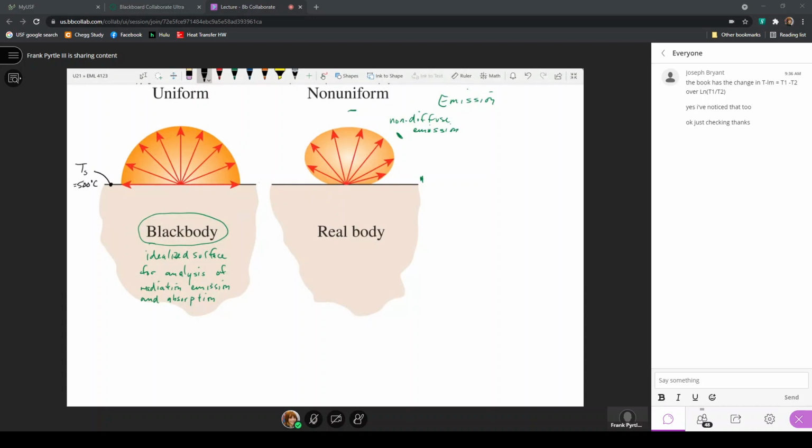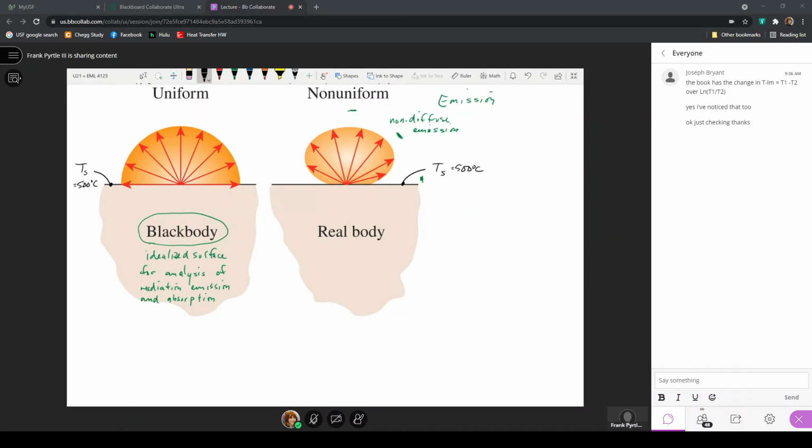If the surface of this real body is at the same temperature of 500 degrees C, the black body surface will emit more radiation than the real surface does. And that goes for any temperature. The black body will emit more radiation than any other surface at a given temperature.